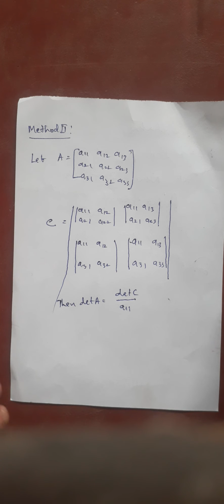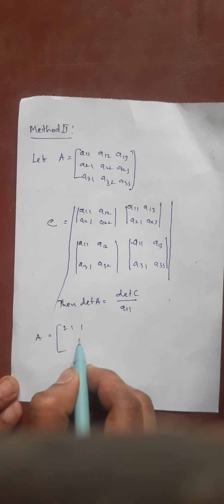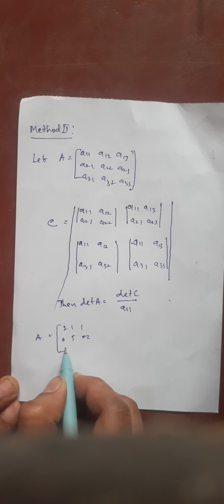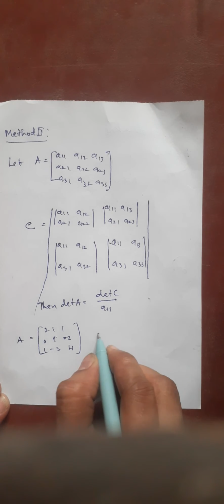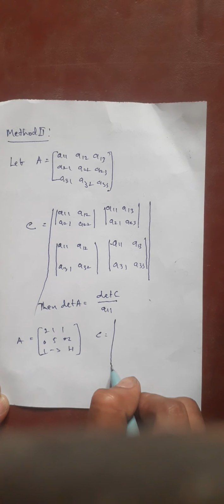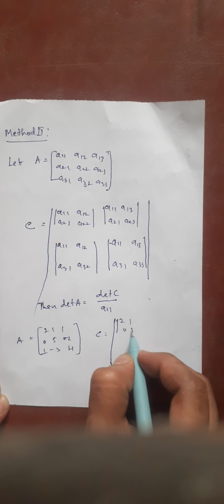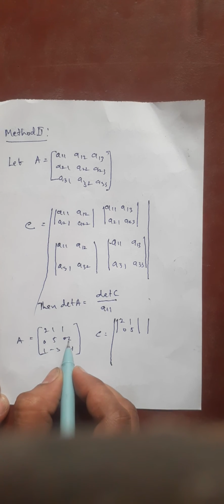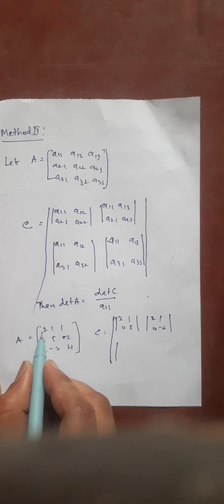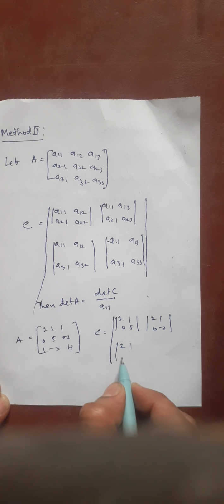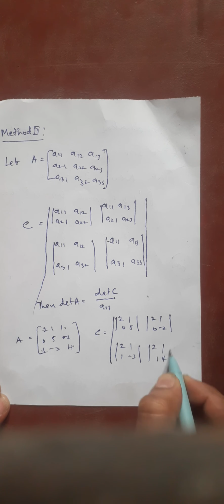So let us check. A is equal to 2, 1, 1, 0, 5, minus 2, 1, minus 3, 4, and let us take C is equal to determinants: 2, 1, 0, 5; 2, 1, 0, minus 2; 2, 1, 1, minus 3; 2, 1, 1, 4.